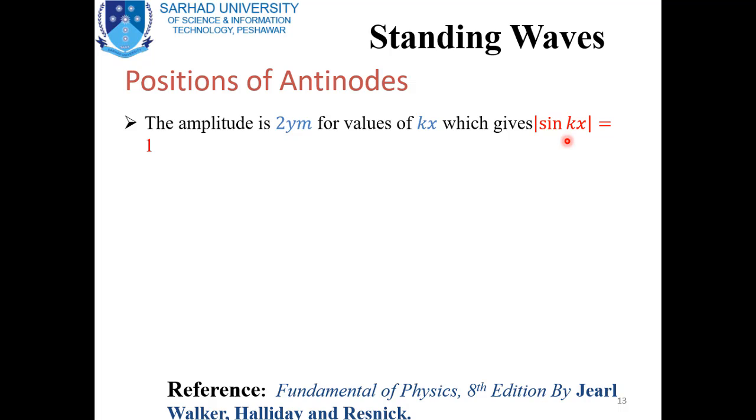In the amplitude part we have a sinusoidal function. If this function is equal to 1, then the amplitude of the resultant will be 2ym, and sin kx equal to 1 depends upon the value of kx.